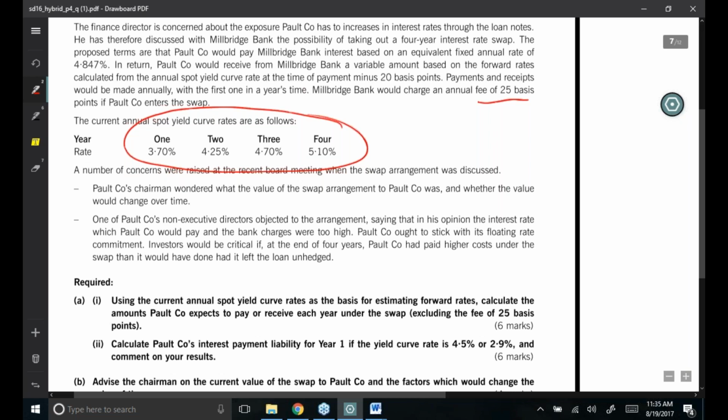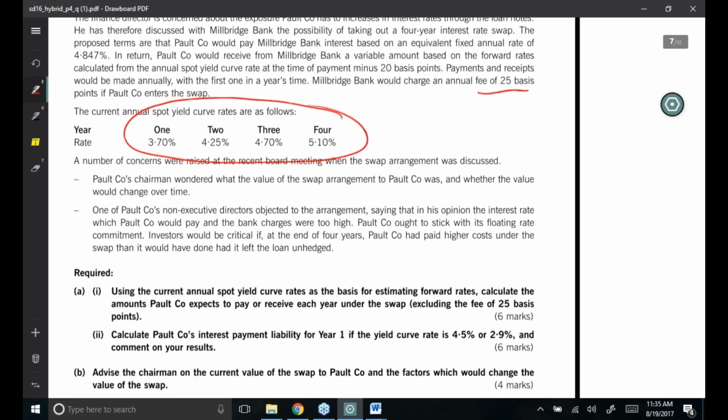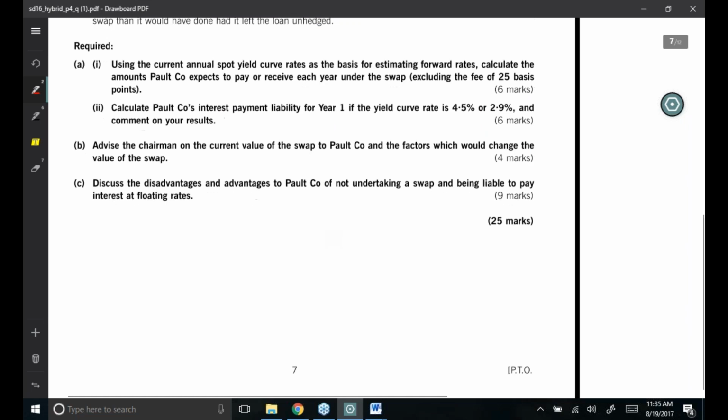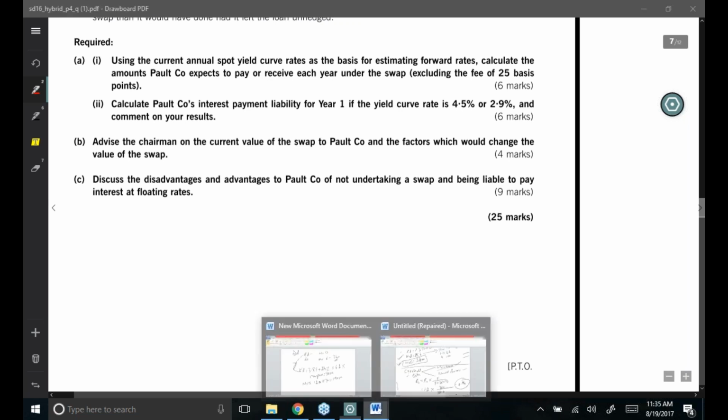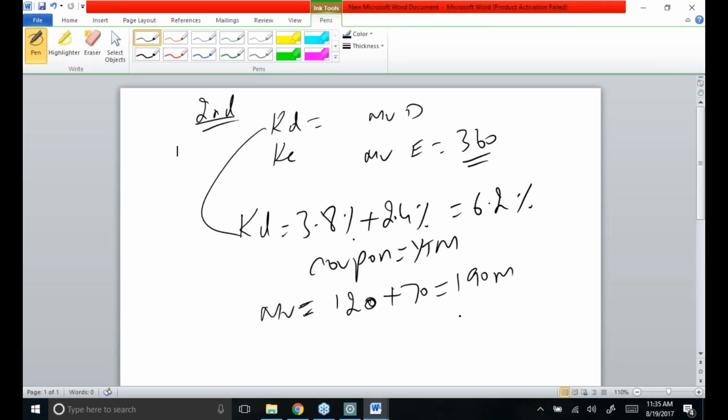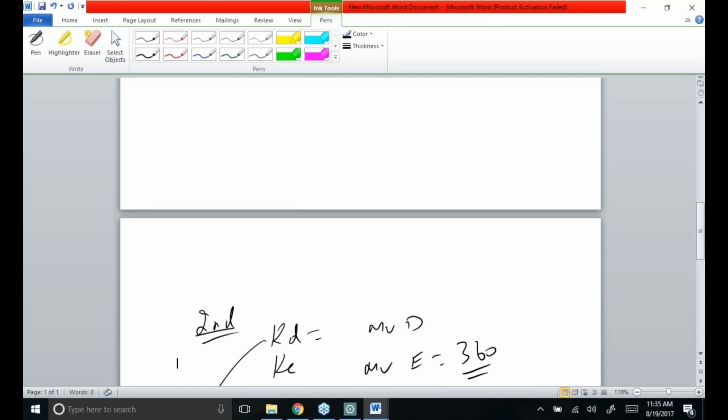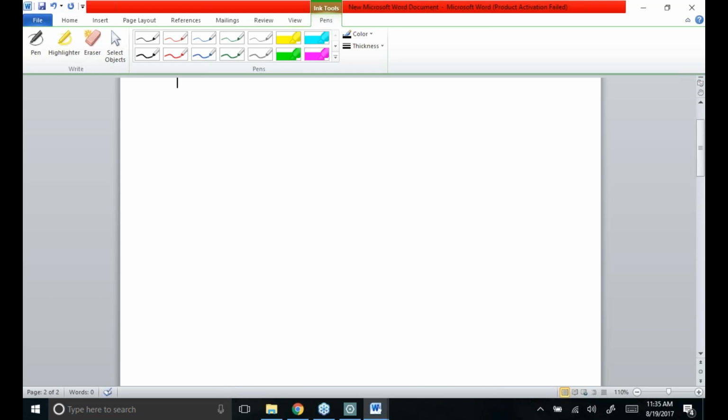Okay, let's solve the very first part. Let's try to understand the swap. What is a swap arrangement?